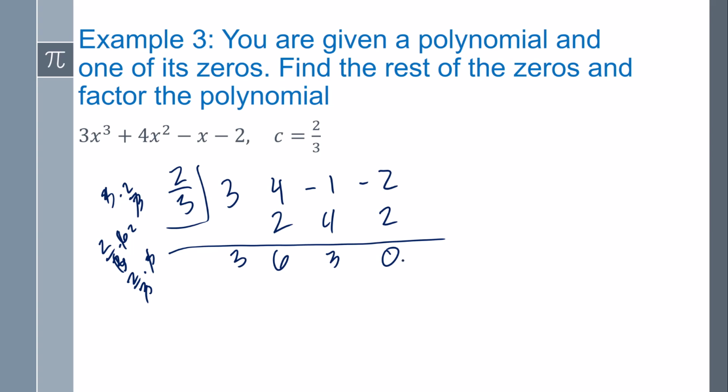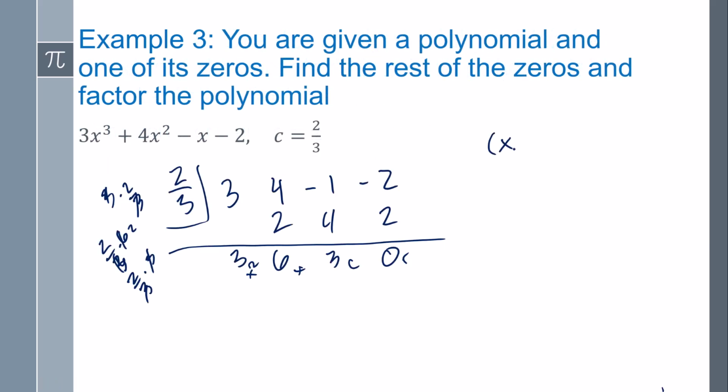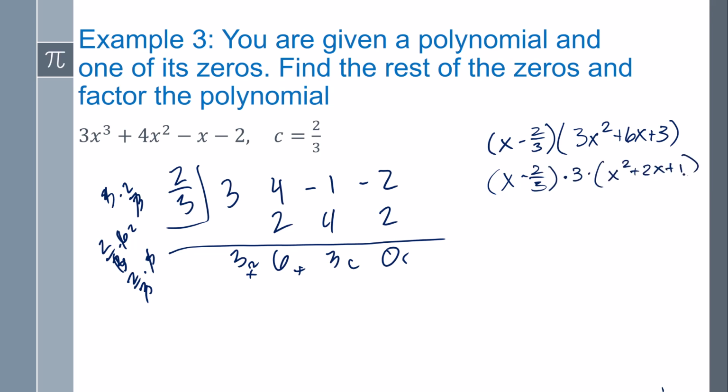So now I get remainder, constant, x squared. So I have x minus 2/3, and then the rest is going to be 3x squared plus 6x plus 3. There's a 3 in common, so I'm going to factor out that 3. A times c is 1.